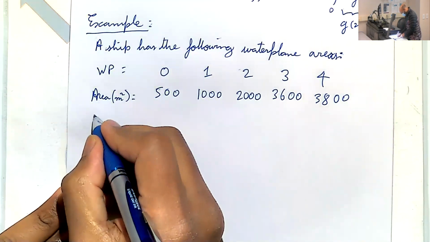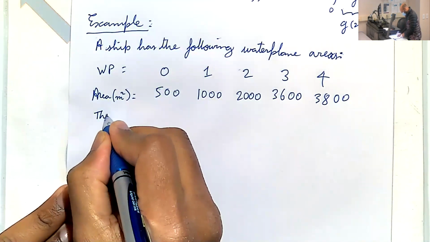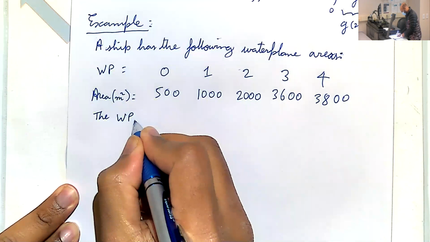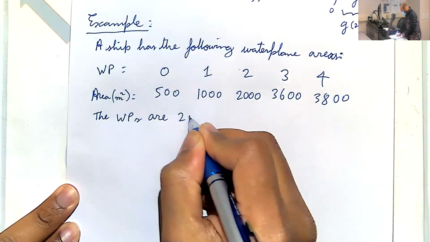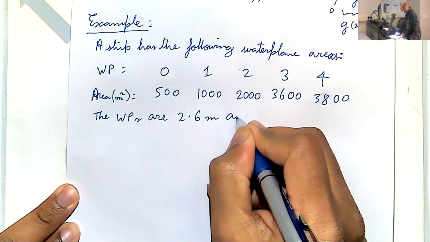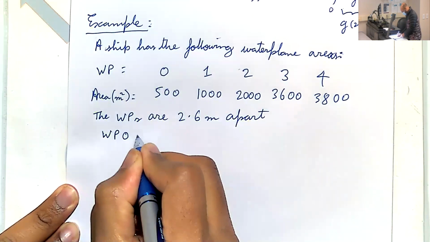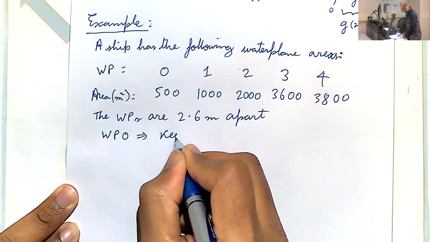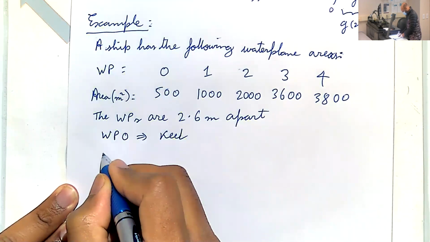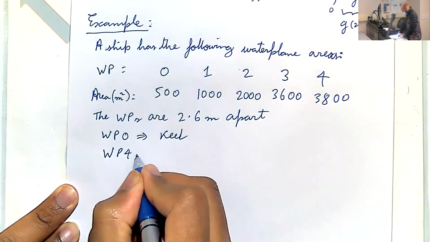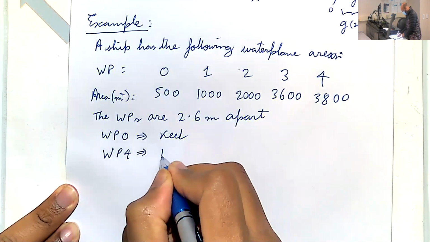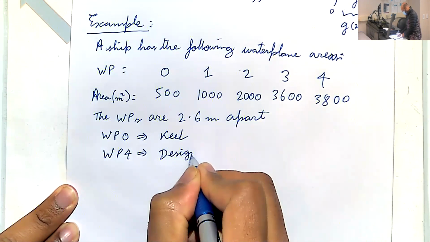And we're also told the water planes are 2.6 meters apart. WP0 is the keel. WP4 is the design water line.